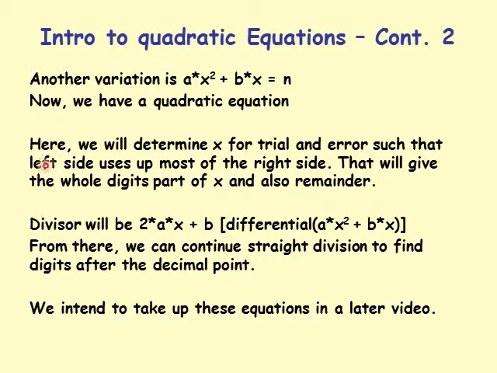So we can use this method we just discussed, the straight division method, to find the other digits after the decimal. We intend to take up these equations in a later video, and here's your introduction so that if you want to look into it and get comfortable with it, maybe you can go ahead and work them out.